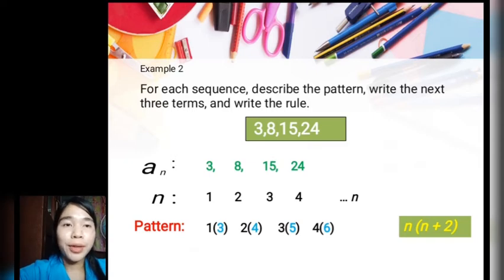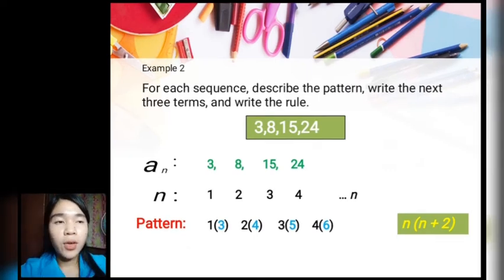So for example, the first one, the n here is 1, so they just add 2. So 1 plus 2 is equal to 3, then they just multiply it by the number of terms also, which is 1. So 3 times 1 will be 3.